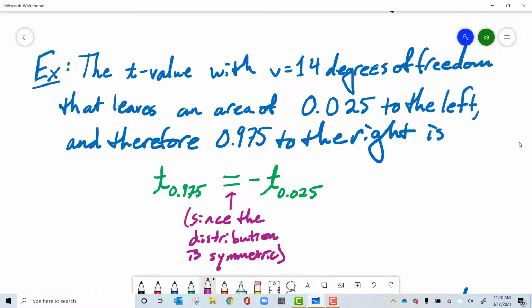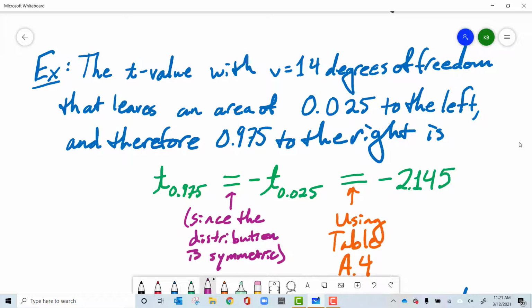Now, since the t-distribution is symmetric around the population mean, the same way the normal distribution is, then we know that t sub 0.975 is equal to negative t sub 0.025. So we can just take that negative sign, throw it up there, and have the 1 minus happen in our subscript. Now, if we use table A.4, this is the t-distribution table.